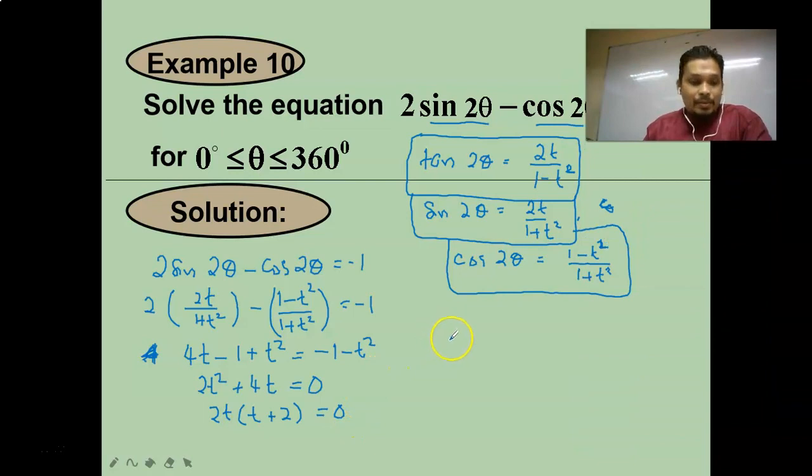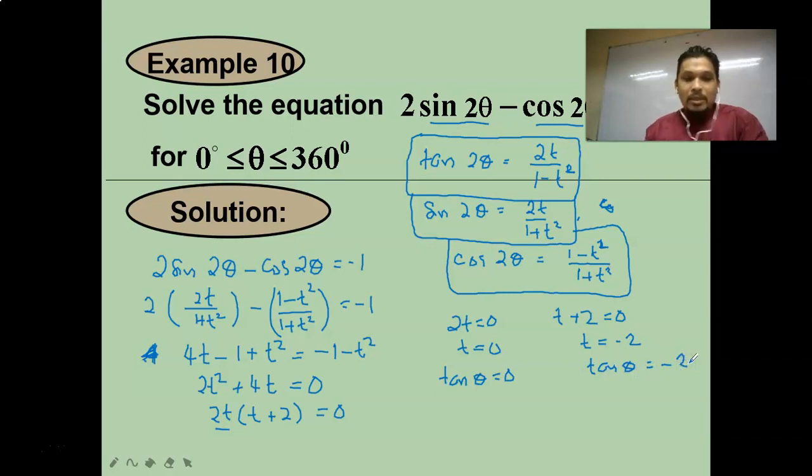Okay, now from here, first 2t equals 0, so t equals 0. t plus 2 equals 0, then t equals negative 2. So tangent theta equals 0 and tangent theta equals negative 2.